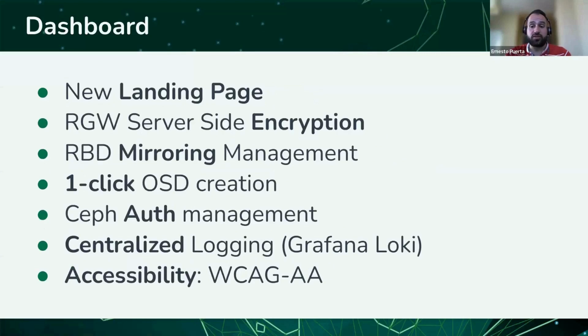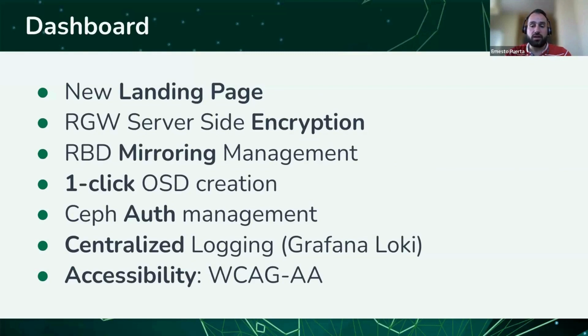The Dashboard team has recently revamped the landing page. And they also provide a new server-side encryption wizard. So basically, RGW can be easily configured when it comes to S3 and server-side encryption. RBD mirroring has also been reviewed and is now fully working. There are a couple of wizards.